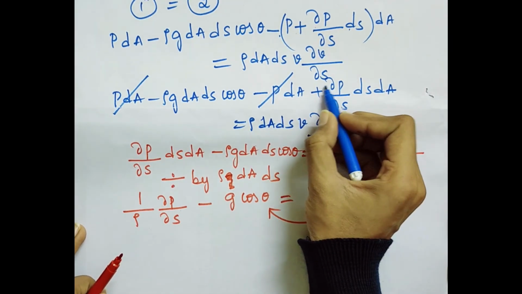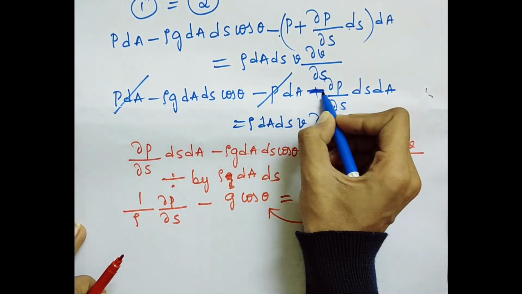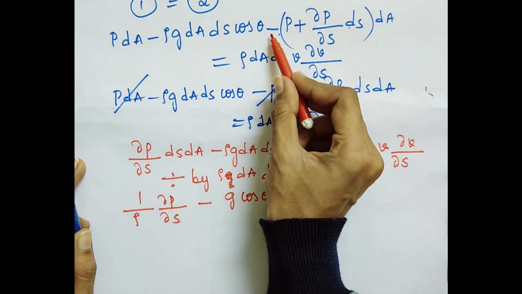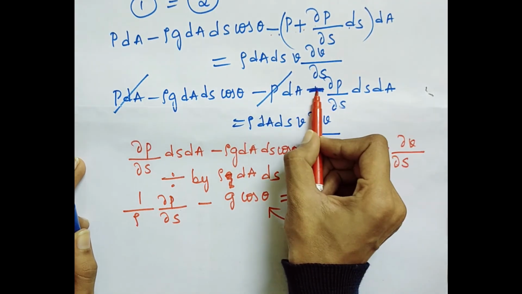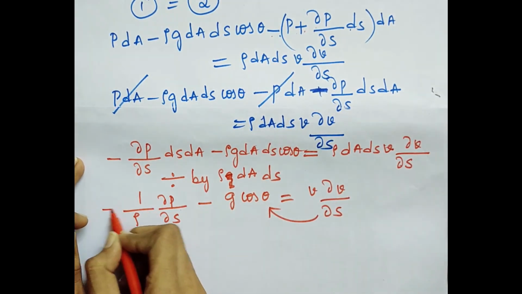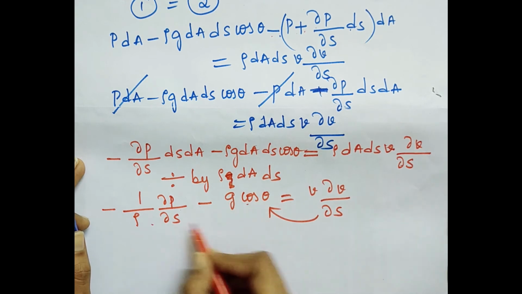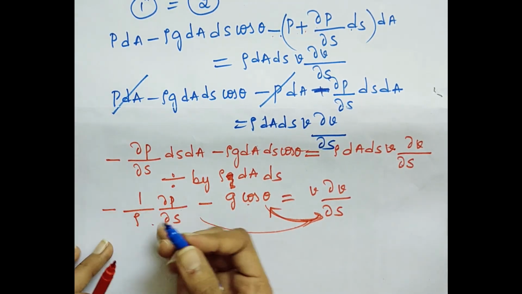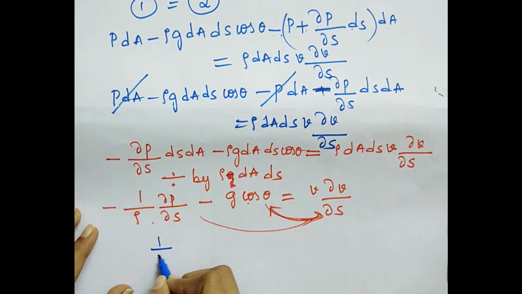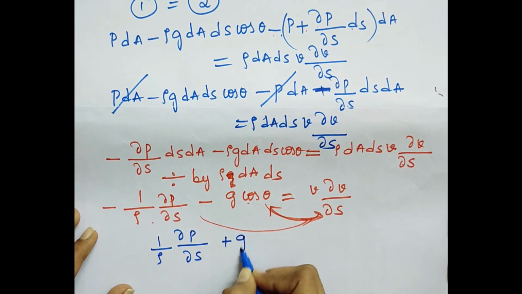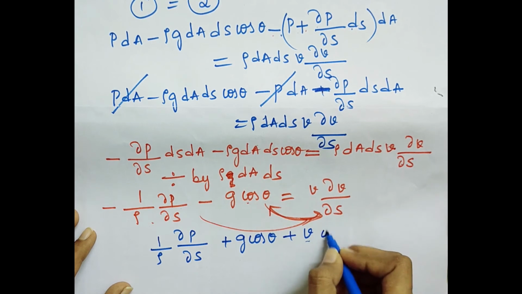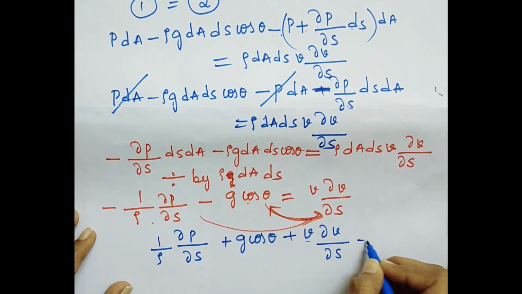Here this is minus dou P by dou s, because minus into plus gives minus. So we'll send both the terms to the right hand side, and you will get the equation 1 by rho into dou P by dou s plus g into cos theta plus v into dou v by dou s is equal to 0.